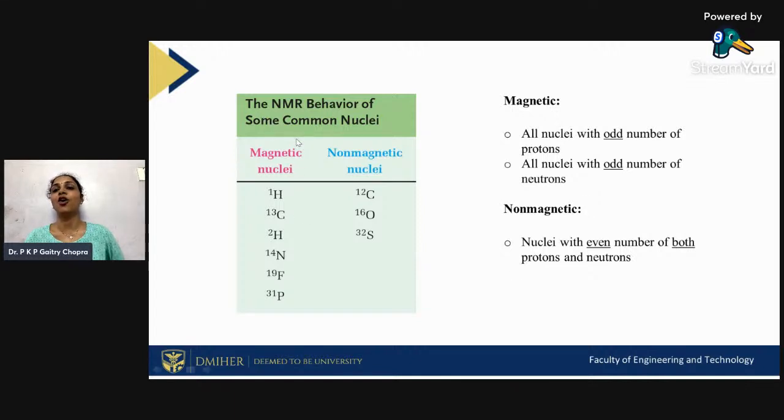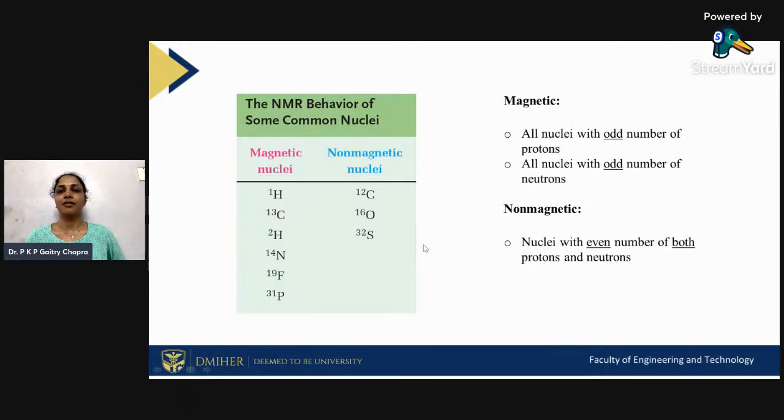All the nuclei having an odd number of protons or an odd number of neutrons are NMR active because they have their own magnetic moment or magnetic component. Whereas the nuclei with an even number of both protons and neutrons are non-magnetic in nature, and so they are NMR inactive.